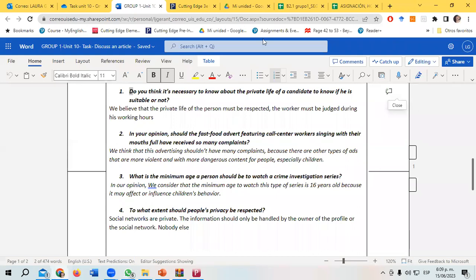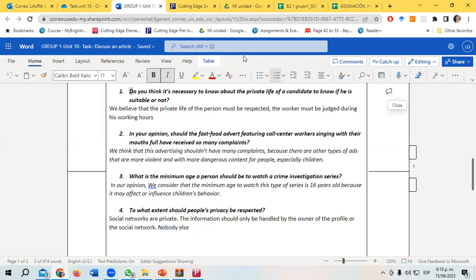Number 2, in your opinion, should the fast food advert featuring call center workers singing with their mouths full have received so many complaints? We think that this advertising shouldn't have many complaints because there are other types of ads that are more violent and which have more dangerous content for people, especially children.